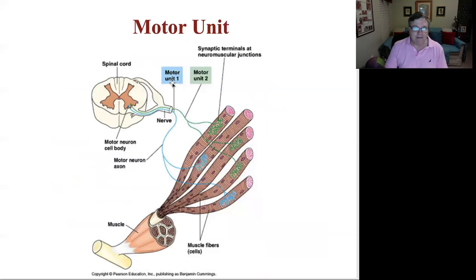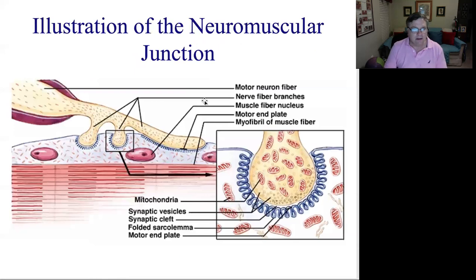So again, we have fast twitch and slow twitch motor units. Here's the neuromuscular junction. This figure is almost correct. At least the muscle nuclei are near the membrane, so that's pretty good. It's close enough. Usually they're right on the membrane. And here we see the synaptic cleft. There's a lot of mitochondria. Glad they showed this.